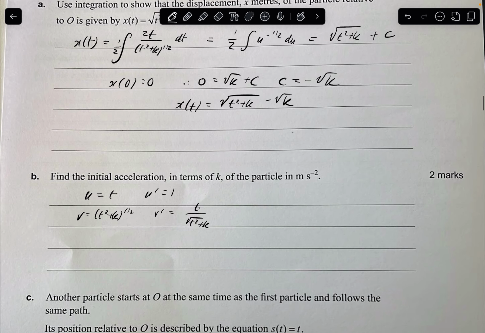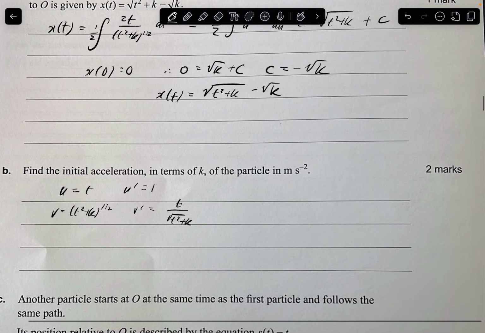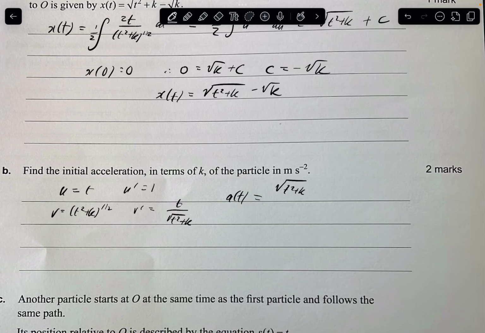So what you can basically say is a of t is root (t squared plus k) minus t squared over root (t squared plus k), all over t squared plus k. a of 0 is equal to root k minus 0 over k, or 1 on root k, if you like.